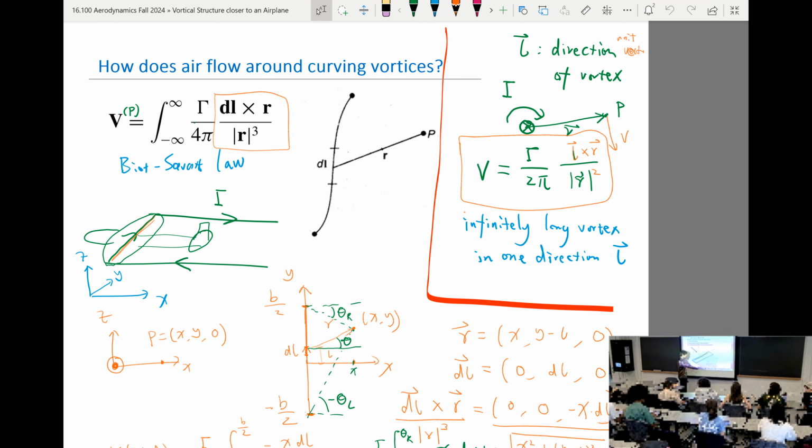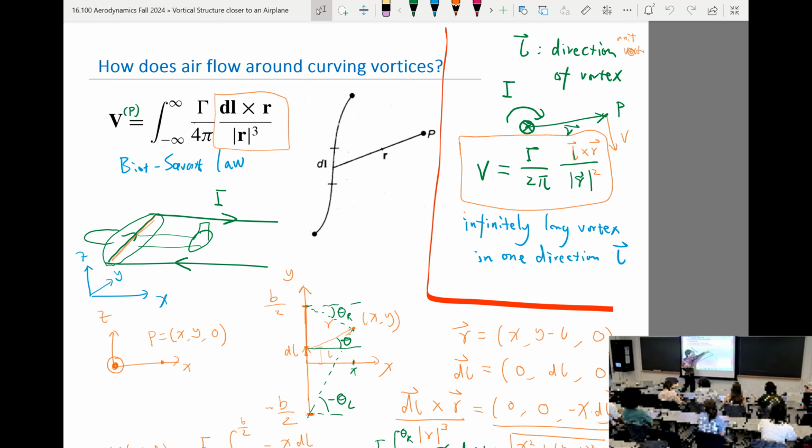Just look at my hand. The direction of the vorticity is consistent. If you look at my right hand, my thumb is always pointing towards the direction I'm traveling, and these curving arrows represent my other fingers.